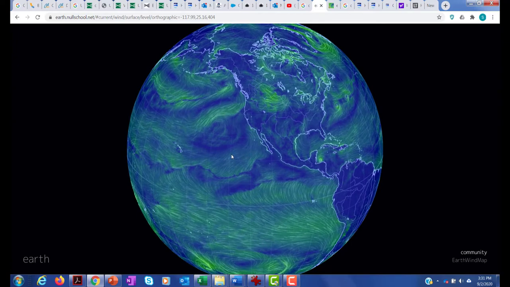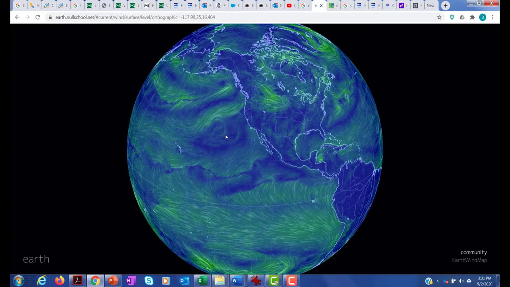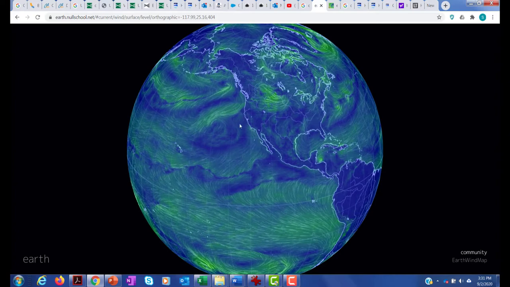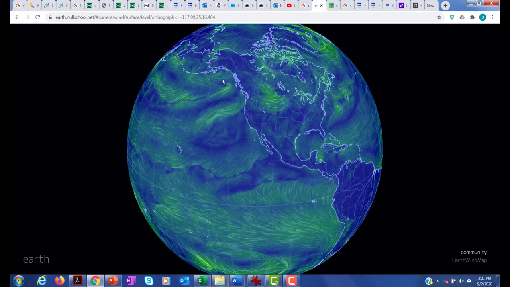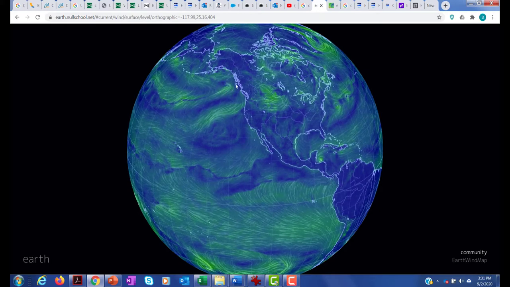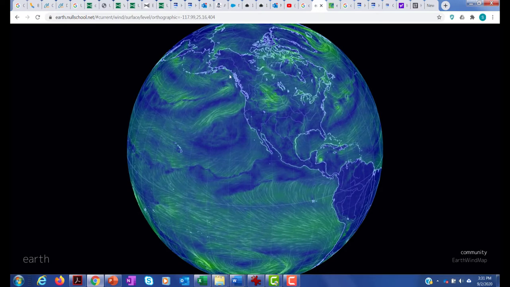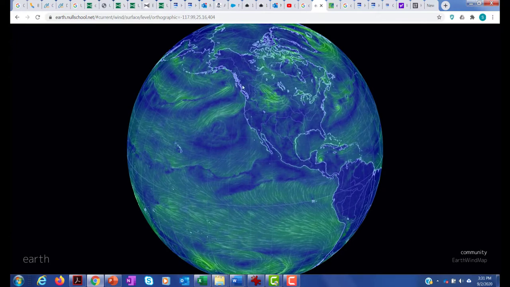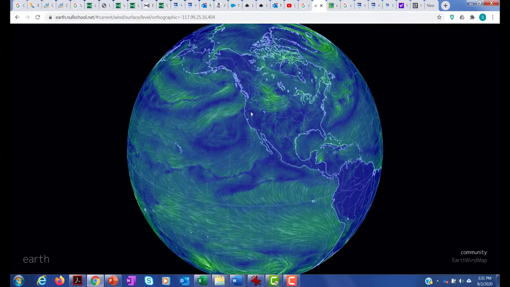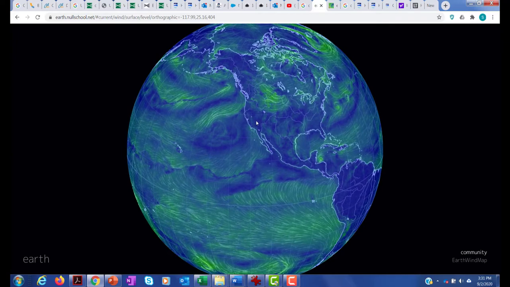High pressures come down and give a clockwise rotation, and you can see it kind of parked here. Up here is a low pressure, which is counterclockwise, and so you're probably getting weather up here in Alaska and rain in Washington and up north, but here in California and the Sierra Nevada, we are high and dry.